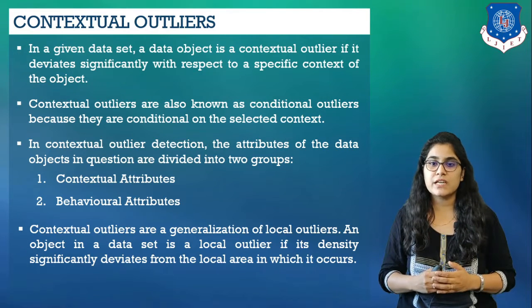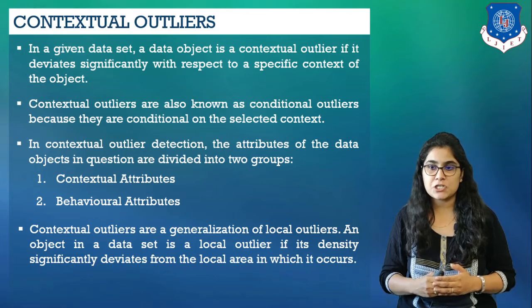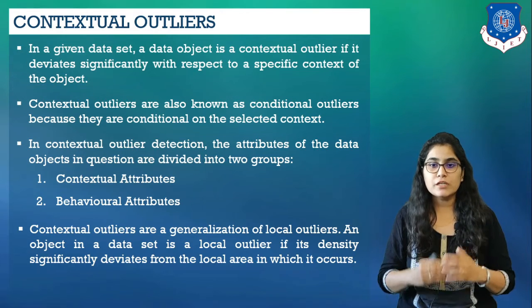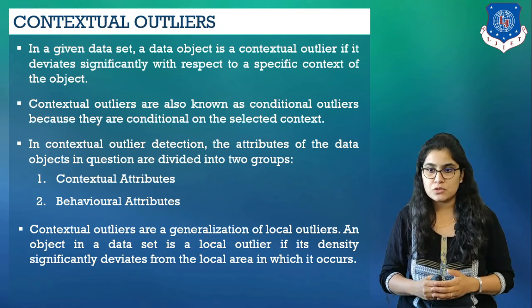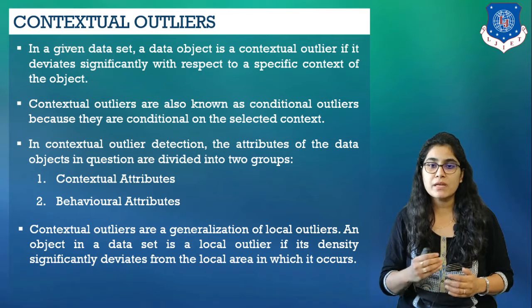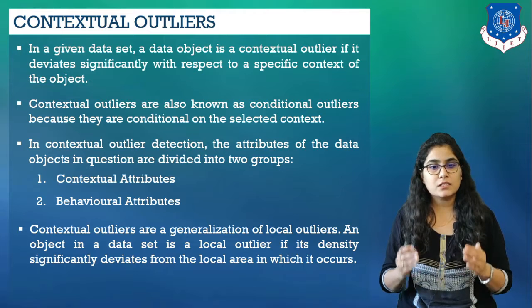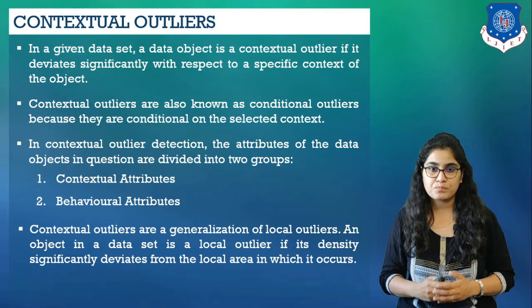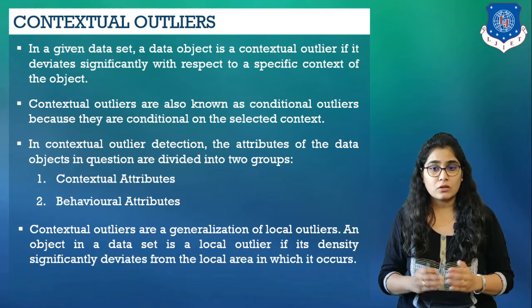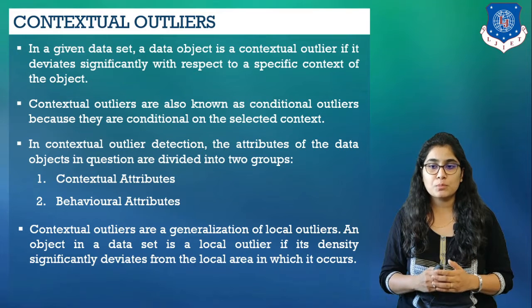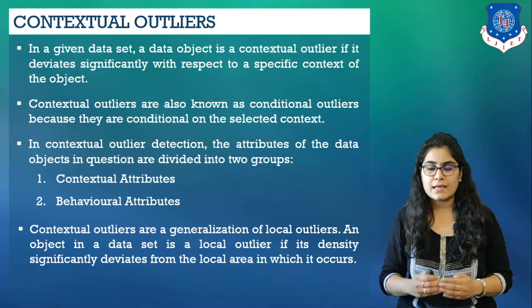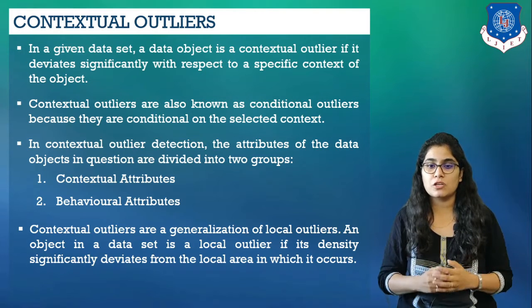The quality of contextual outlier detection in an application depends on the meaningfulness of the contextual attributes, in addition to the measurement of the deviation of an object from the majority in the space of behavioral attributes. More often than not, the contextual attributes should be determined by domain experts, which can be regarded as part of the input background knowledge.